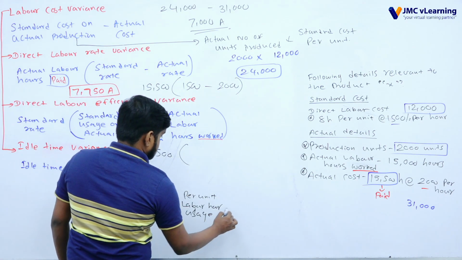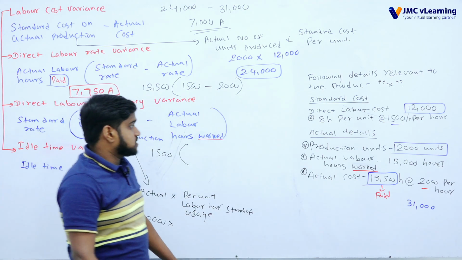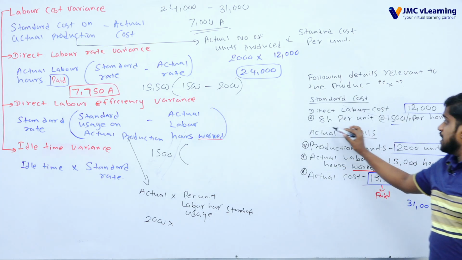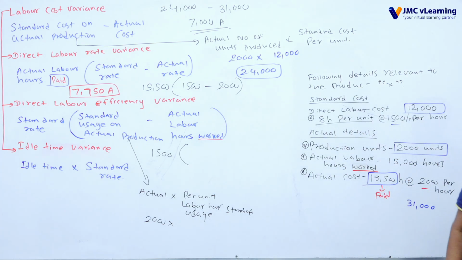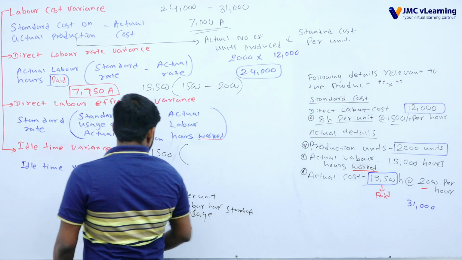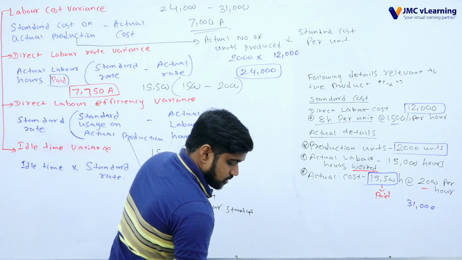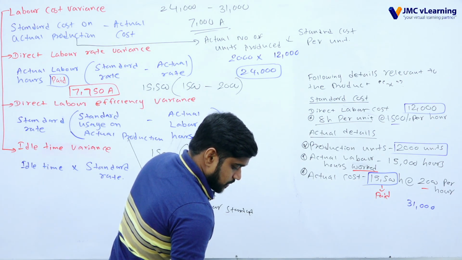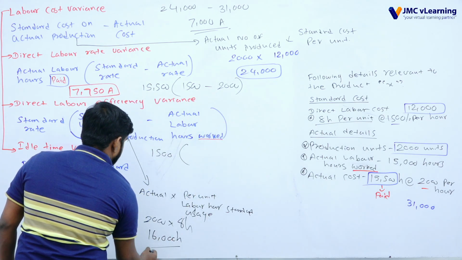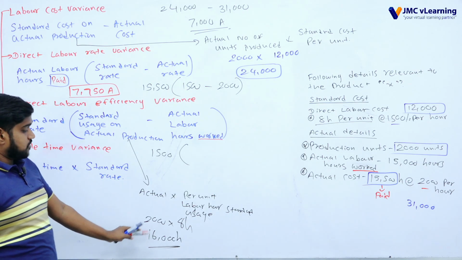Standard usage is the most important thing we need to get. As per the standard details, how about our per unit standard usage? Directly they say 8 hours per unit. Therefore, we multiply by 8 hours. 2,000 multiplied by 8 gives 16,000 hours.